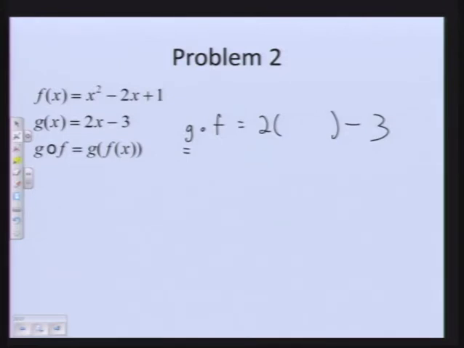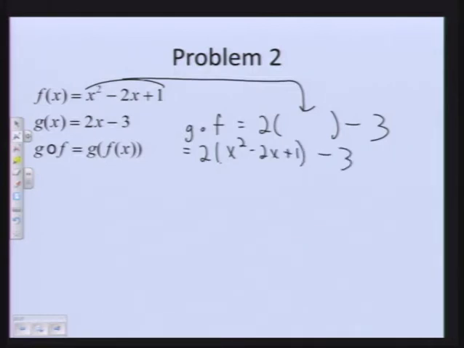Now, not many teachers maybe refer to the first function in a composite as the dominant function, but I like to use that term because you have to use it to write the structure. And then f is the one getting substituted everywhere there's an empty set of parentheses. So what we have then is 2 times x squared minus 2x plus 1 minus 3.